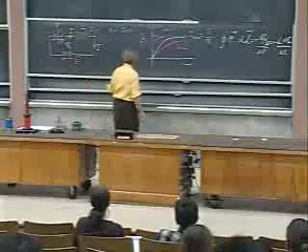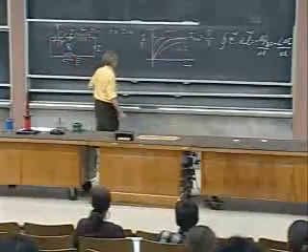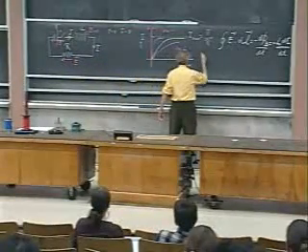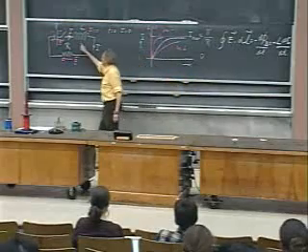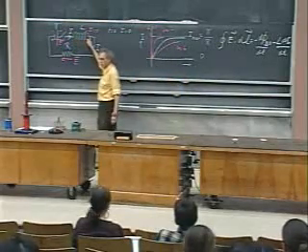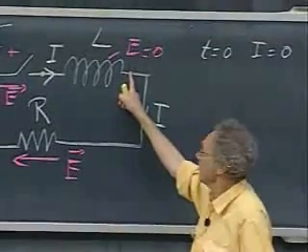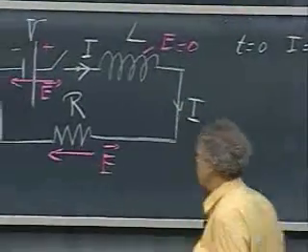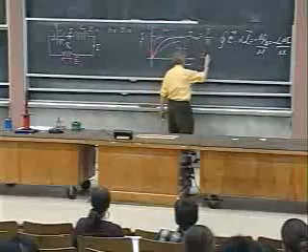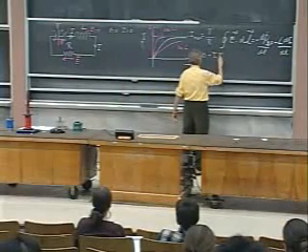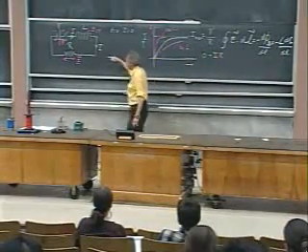And so I first go through the self-inductance. There is no electric field in the self-inductance, so the integral E dot dl in going from here to here is 0. This is where the books are wrong. It is 0. Now I go through the resistor, and so now I get plus IR. E and dl are in the same direction.